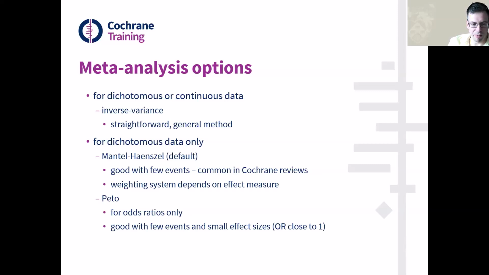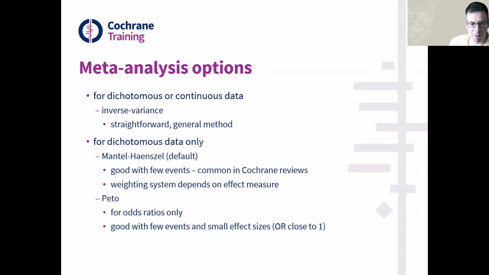There's a third option in RevMan called the Peto method, which only works with odds ratios, which again is good with few events, though I have to admit, I would strongly advise never to use that unless you're very, very confident that it is the right method to use. It's a historical method that's largely no longer used, as more modern methods have superseded it.